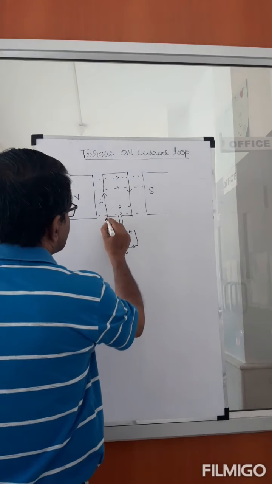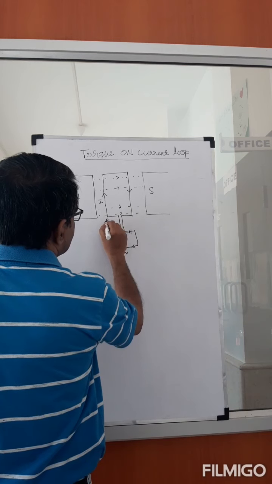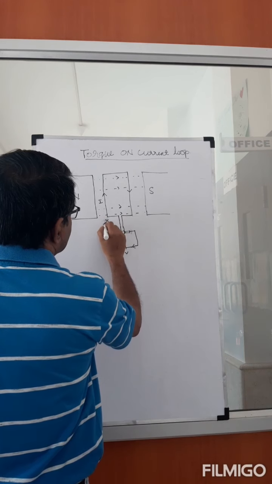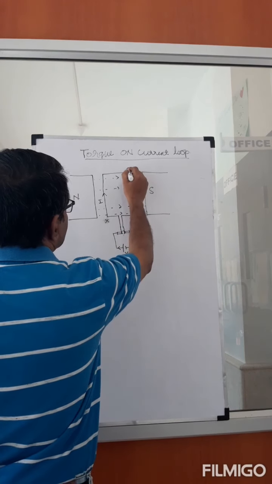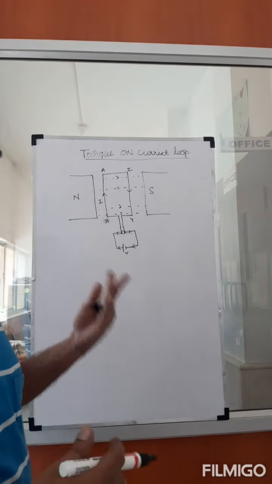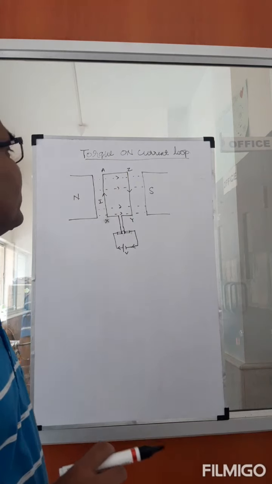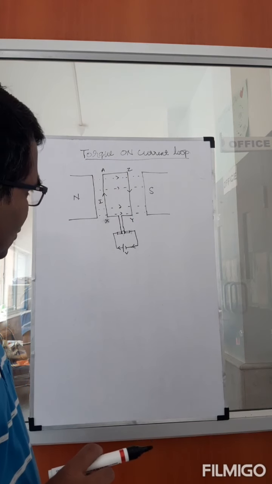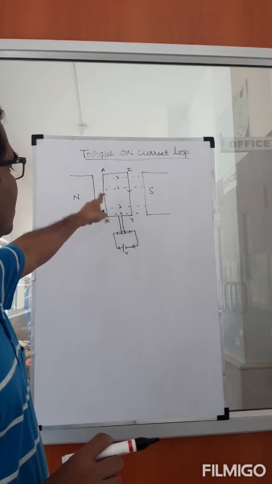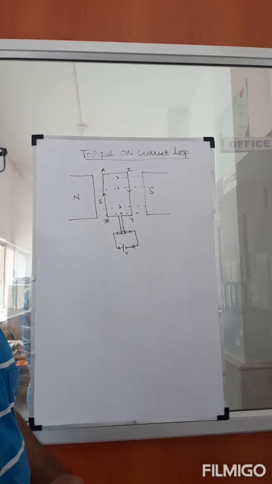I'll label the points X, Y, Z, A, because we're going to use other letters later. The current will flow from X to A to Z to Y, and it will come back to the battery. That's how it flows.